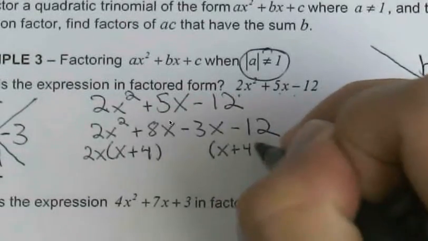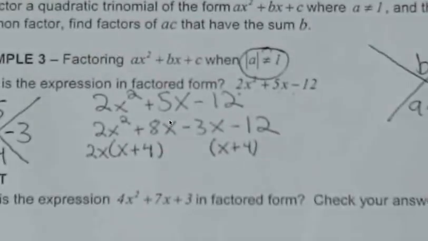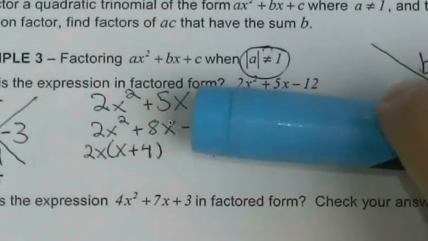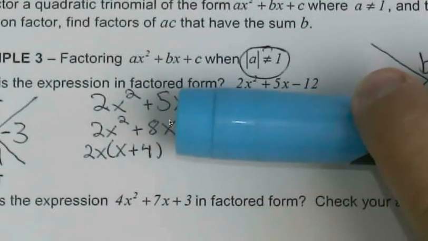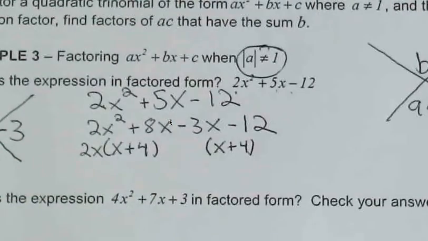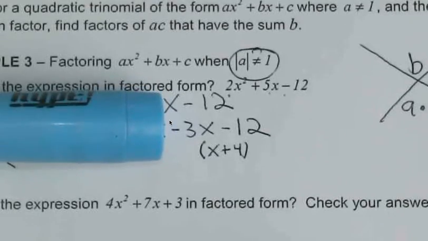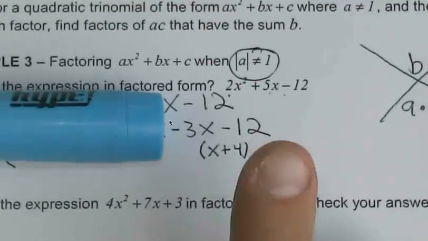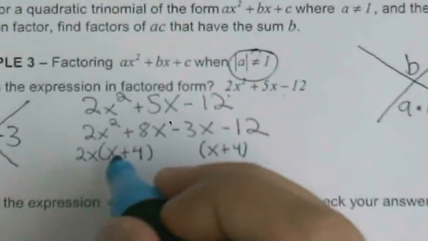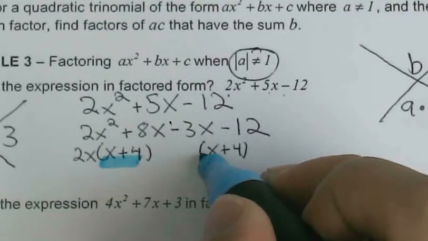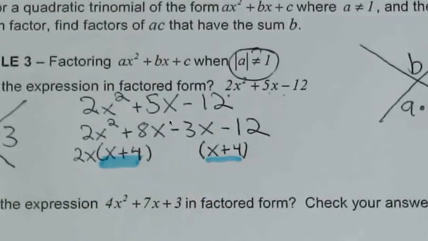And this is really, really crucial, so I'll even highlight this. But we factored the first two terms for greatest common factor. We did that correctly. So we know that when we factor the second pair of two terms, that binomial x plus 4 has to be seen, or else we need to modify it and make it there.